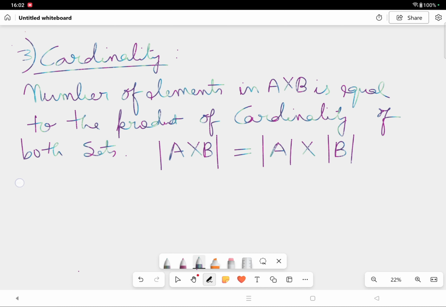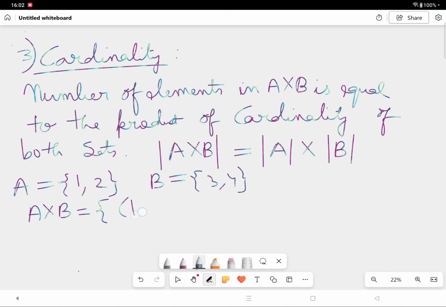B. Suppose A has two elements 1, 2, and B has two elements 3, 4. What is A cross B? Just now we did this combination many times: 1, 3, 1, 4, 2, 3, 2, 4.